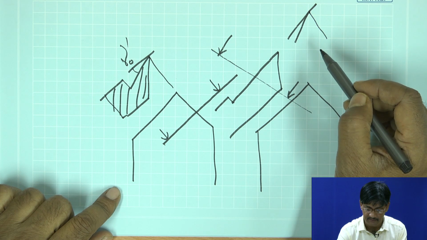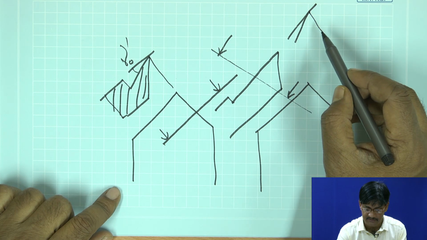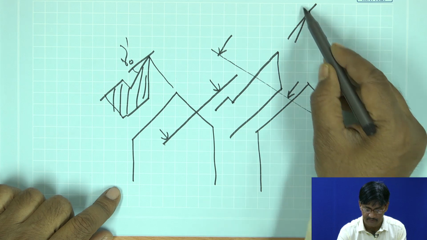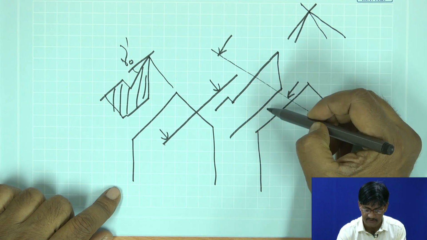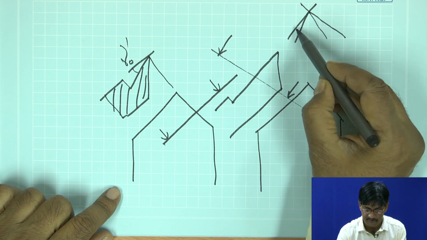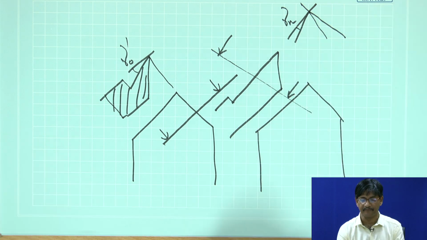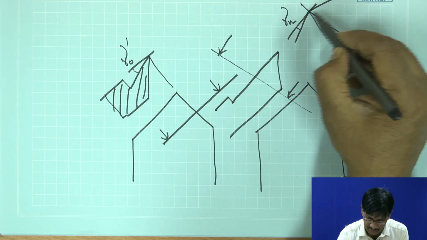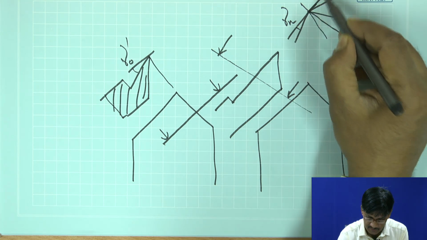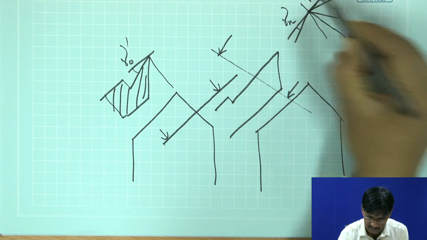This mark will be coming out here, this angle will be appearing here, this will be the orthogonal normal rake. Just a moment, I made a mistake, it should be on this side, with this as the normal rake.